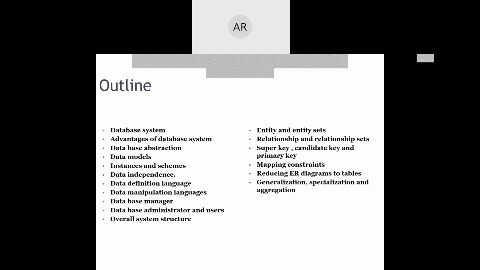Then we'll be talking about how to make use of those ER diagrams in the best possible manner by making use of generalization, specialization, and aggregation concepts. Next we'll be seeing one of the very important concepts, for your higher education as well as for learning about databases in detail, functional dependency.